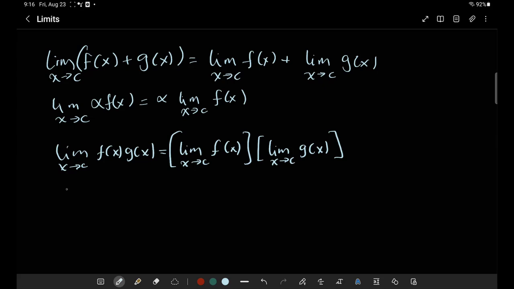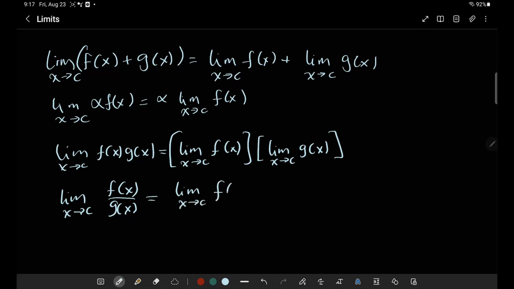And then we have to be careful also when you're doing a division. So the limit of a quotient is the quotient of the limits, and you have to be somewhat careful.